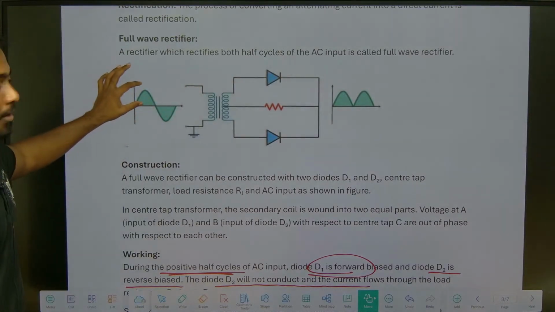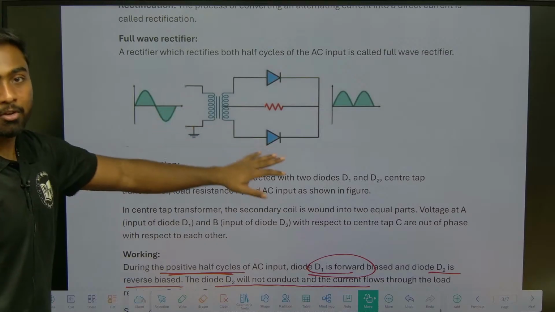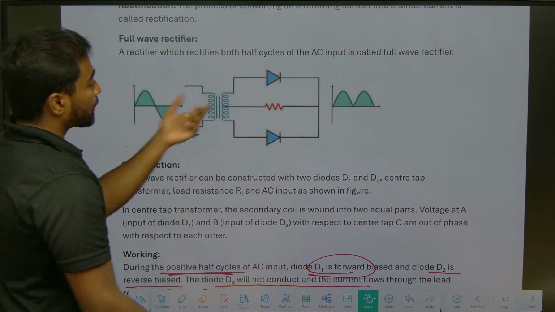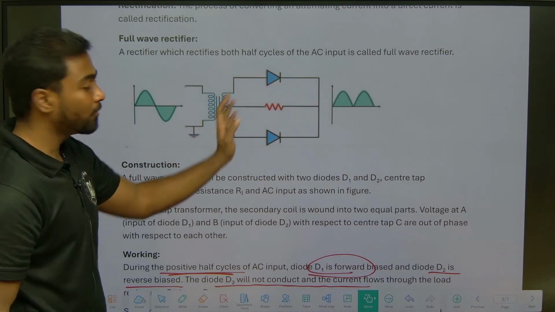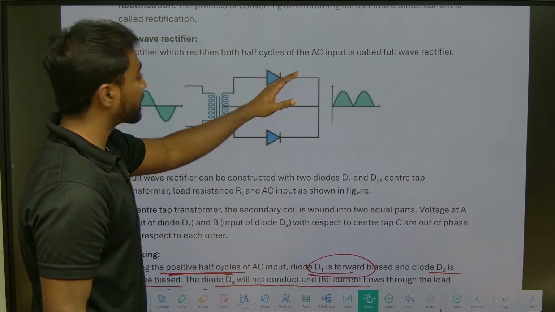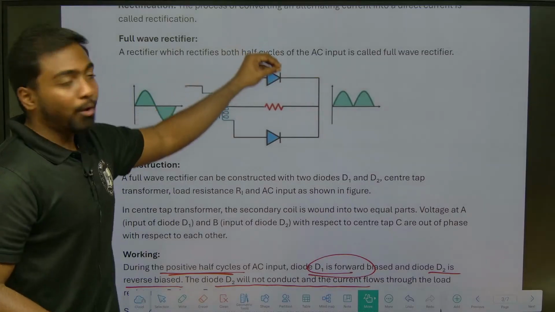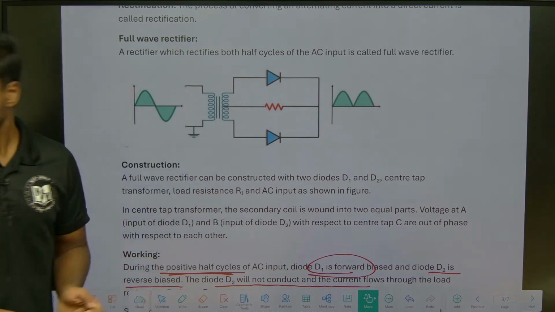When D1 is positive, D1 is forward biased and D2 is reverse biased. When D2 is positive and D1 is negative, D2 will be forward biased and D1 will be reverse biased. Whenever it is reverse biased, there will not be any flow of current. Got it?